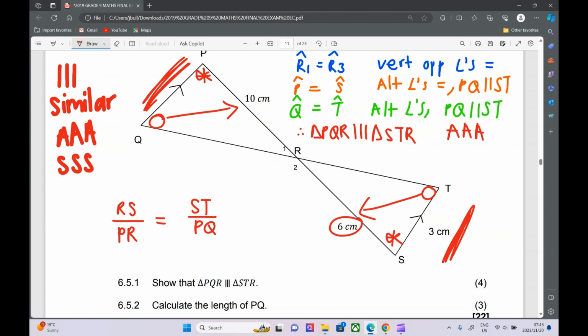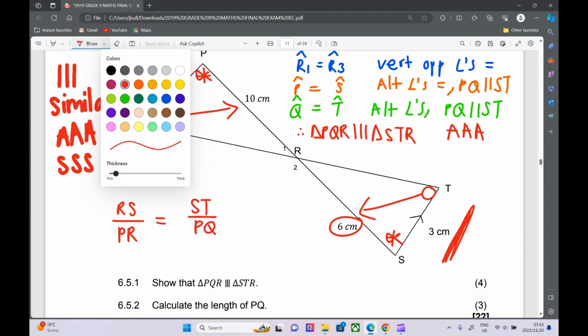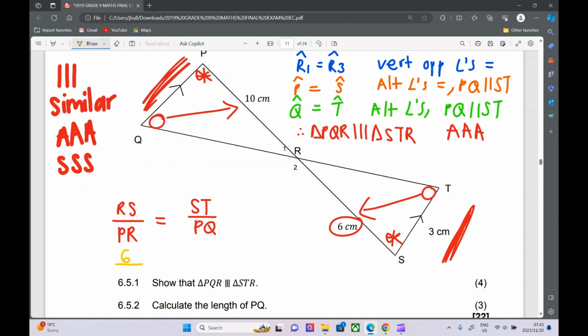We can basically fill this one in. So we can replace it. RS, we know, is 6 centimeters. PR, we know, is 10. ST, we know, is 3. So all we've got to work out is PQ.